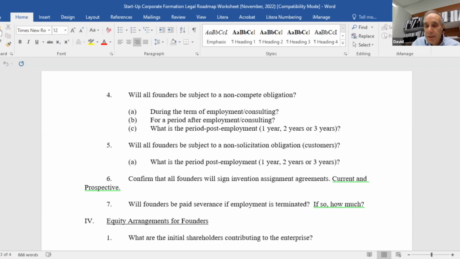And it is critical. I mean, it's not funny for one of our founders to own IP and the company be dependent on that. So we want a commitment from the founders that they're willing to do that.